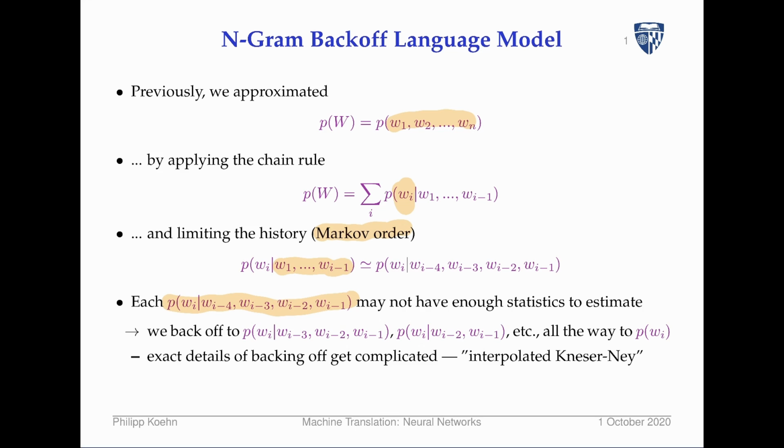Sometimes we have enough statistics to estimate that, otherwise we back off to smaller windows. So these are n-gram language models, and they're very powerful, and they've survived for decades. They have one drawback, obviously. They're a very harsh limit on the history of 5 words, and sometimes even less.